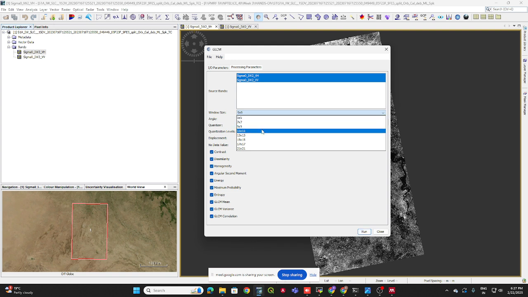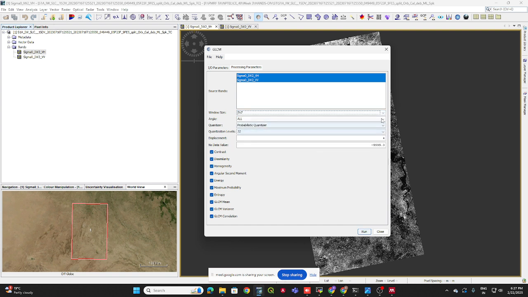Our Sentinel-1 data is approximately 14 by 14 meter data. So for that we will use, suppose, 7 by 7. Angle, which angle to use? Suppose we are using 45.